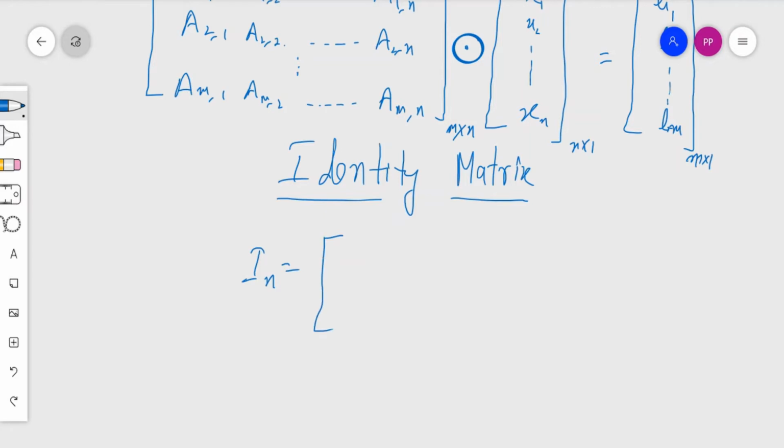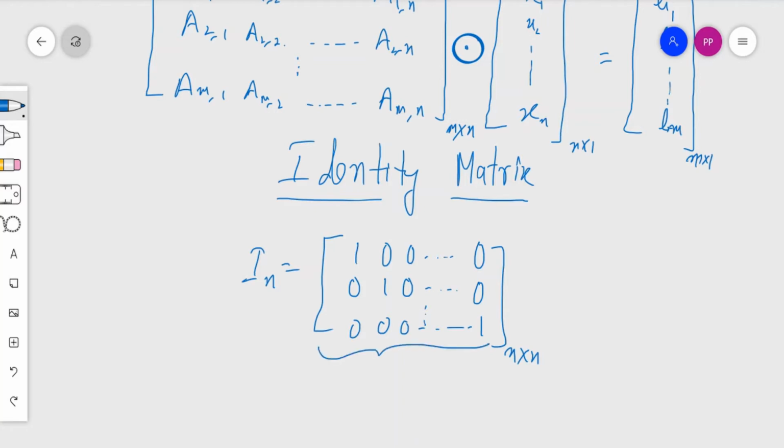We have the diagonal elements as 1 and others 0. So this is 1 0 0 like that, 0 1 0 like that up to 0. This will come up to 0 0 0 up to 1. So this is n by n identity matrix, which is square. You have n number of columns and n number of rows.